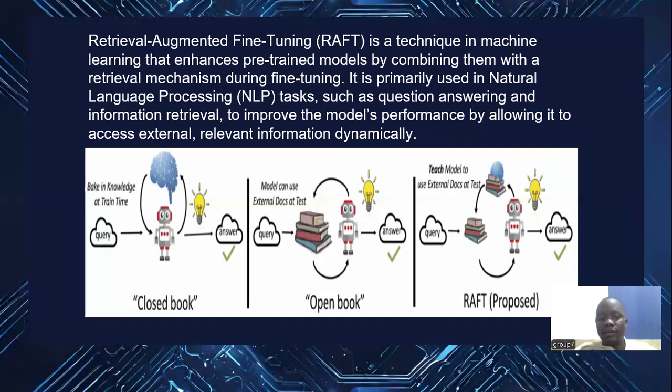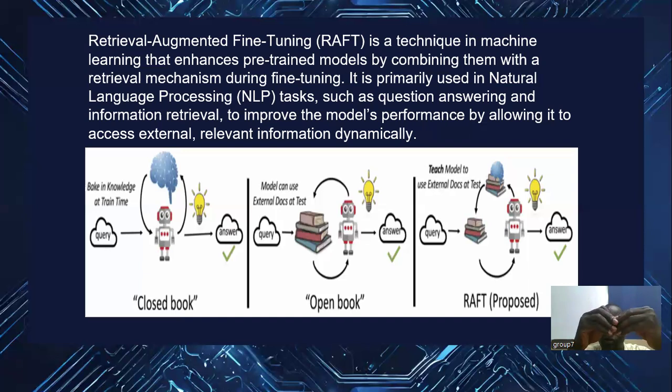The core idea behind RAFT is to augment the model's pre-existing knowledge with relevant retrieved documents or data during fine-tuning phases, instead of solely relying on the information contained within the model's parameters, the information that has been memorialized.